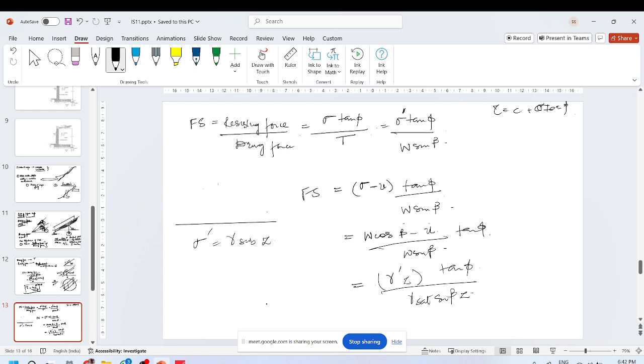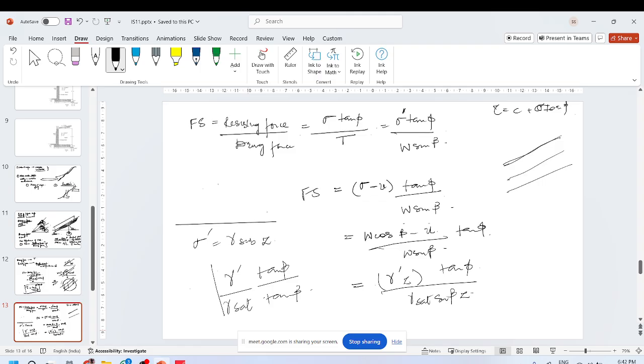So you will have something like gamma submerged over gamma saturated, tan phi over tan beta for a submerged slope.